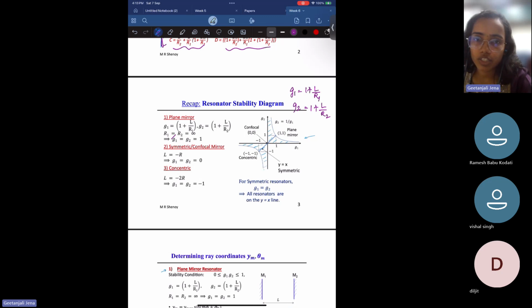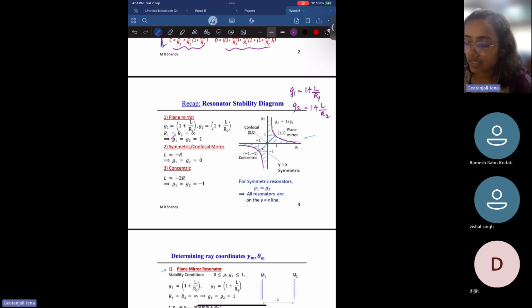L is the separation between the mirrors of the resonator, and R1 and R2 are the radii of curvature of the mirrors. From that you get this type of plot, one in the first quadrant and one in the third quadrant. The shaded region is where we see the stability of any type of mirror resonator. So let us see.